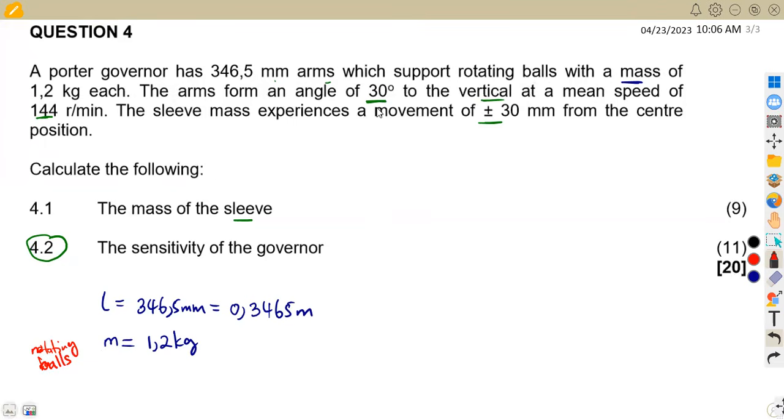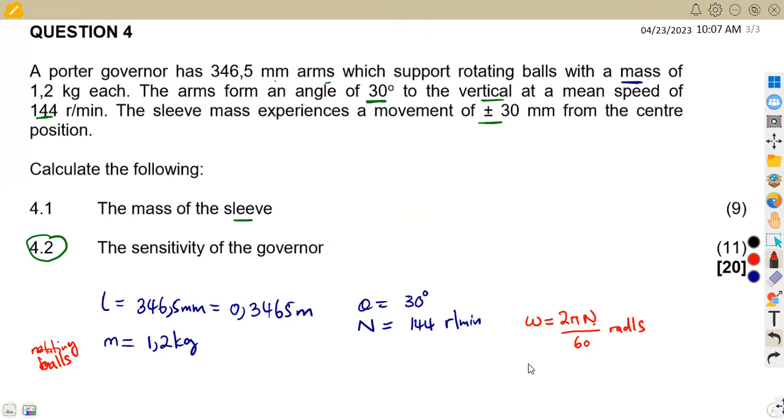Then the arms form an angle of 30 degrees to the vertical, so we are given theta, 30 degrees. And the mean speed, n, is given as 144, measured in revs per minute. From this speed, we can calculate omega, which is our mean speed also, but in rad per second. Remember that omega is equivalent to 2 pi n over 60, provided that your n is in revs per minute.